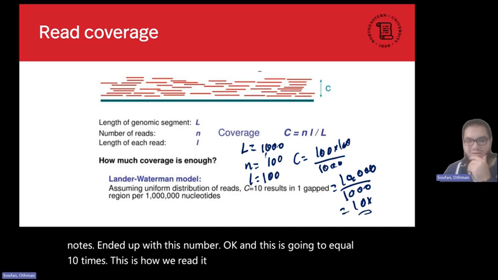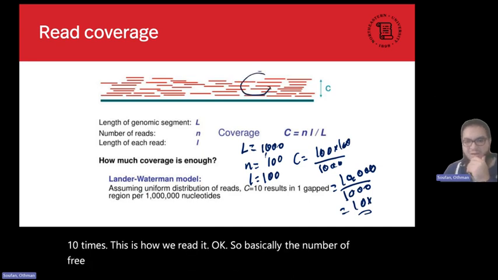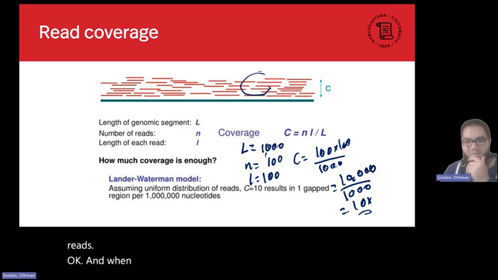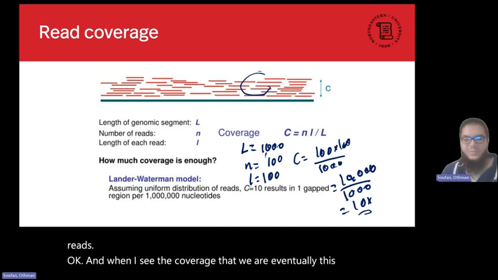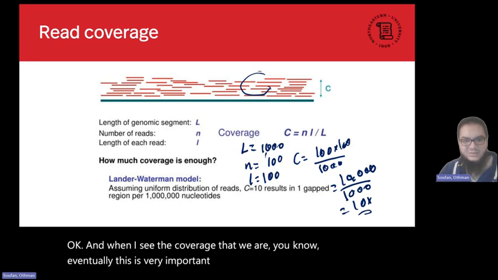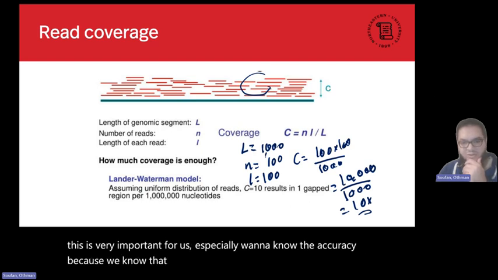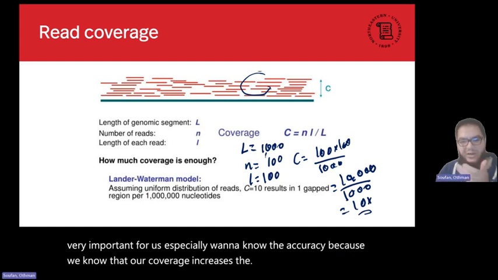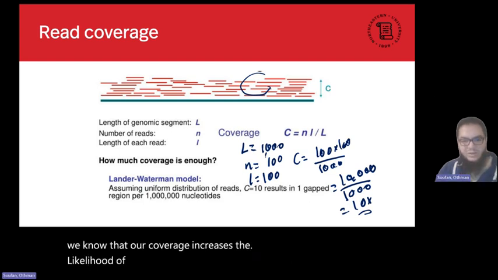So basically the number of reads. When we look at the coverage, this is very important especially for accuracy, because we know that higher coverage increases the likelihood of accurately determining the correct sequence.